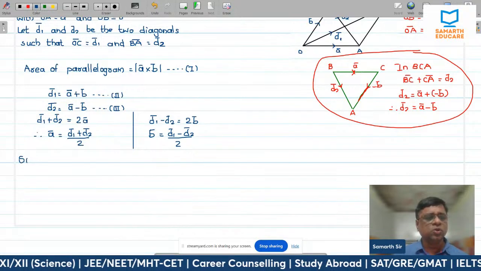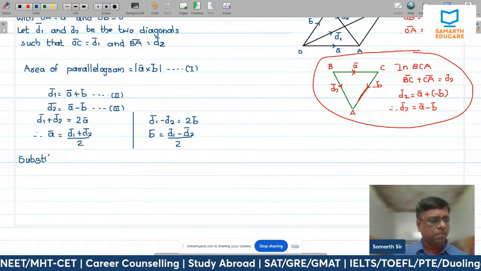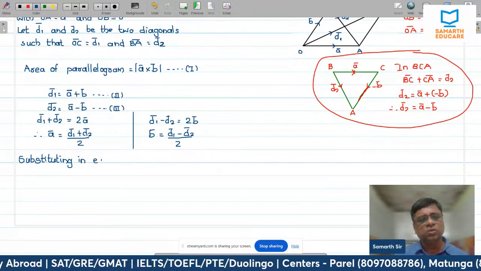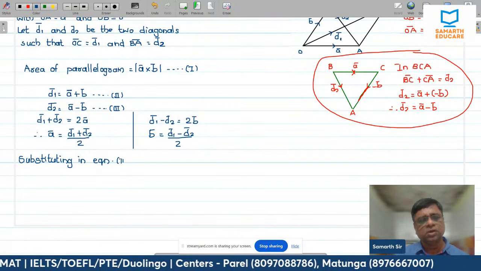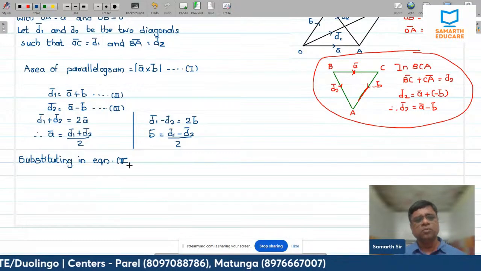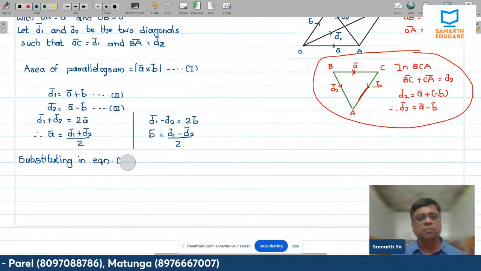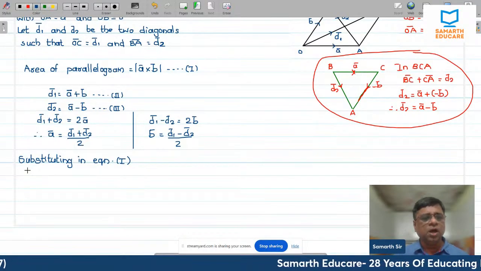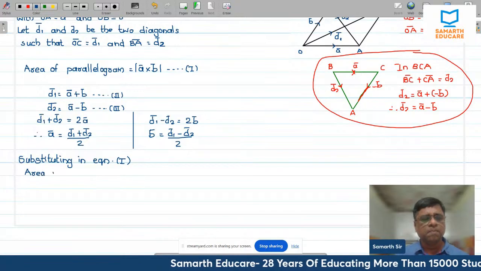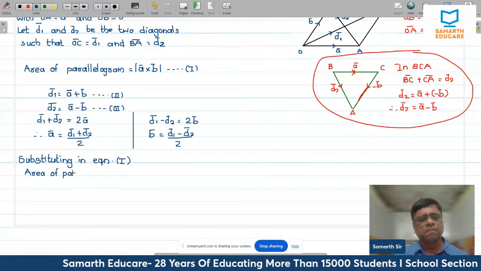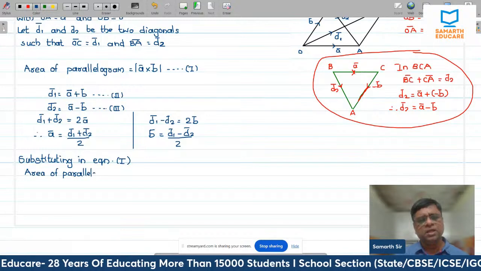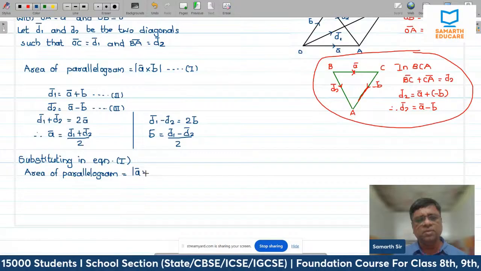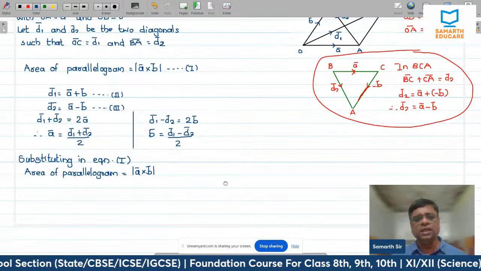Okay. And now let's have a look at this. Substitute karte equation 1 mein, substituting in equation 1 everything, right? Equation 1. Now what will happen? Area of parallelogram is equal to mod of a bar cross b bar. थोड़ा substitute करके देख लेते क्या होता है.